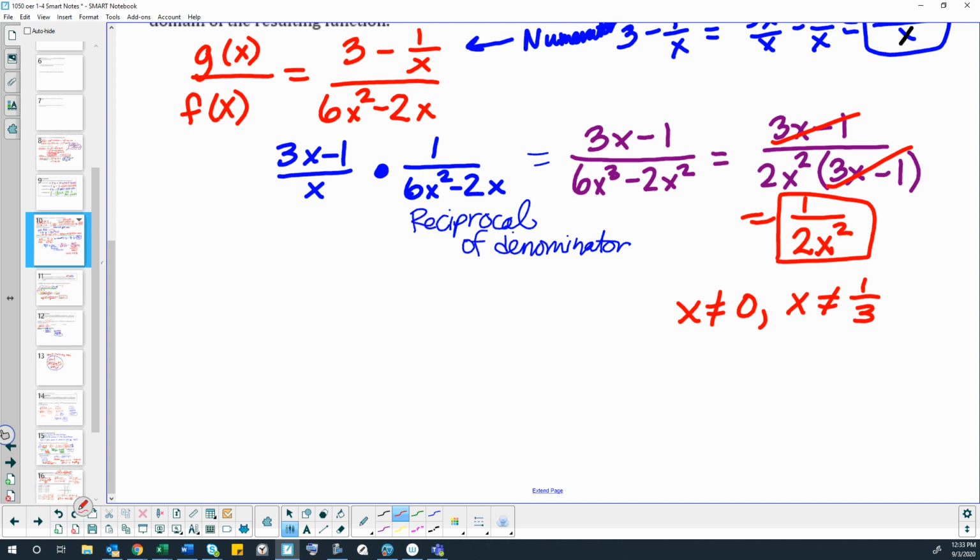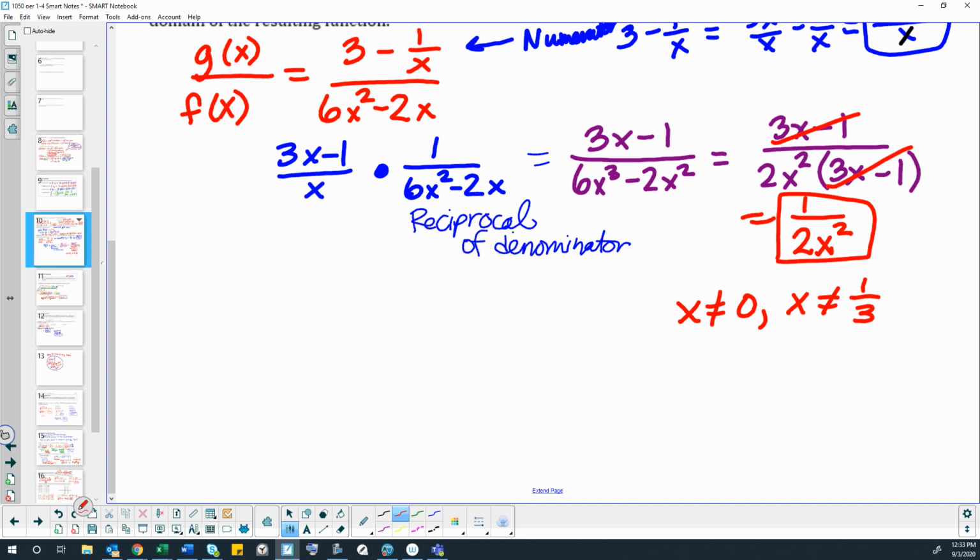Because what would have happened if we plug in 1/3 to this original problem? Let's try it. 6 times 1/3 squared, so that's going to be 1/9, so 6 ninths, minus 2 times 1/3, 2/3. Does that work? 6 ninths minus 2/3.